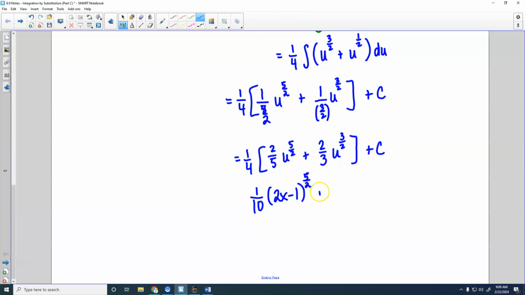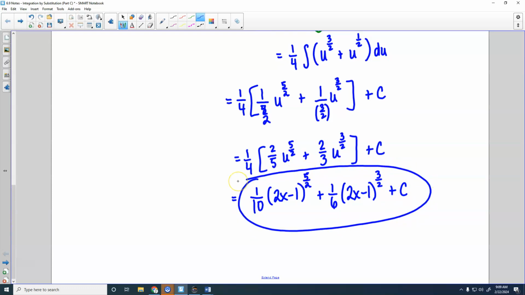And then 1/4 times 2/3 is going to give me 2 over 12, which is 1/6. 2x minus 1 to the 3/2. And I got the plus c on the end here. And there's always a chance they go back to roots or something there. Probably they're just going to leave it like this. It can go either place.